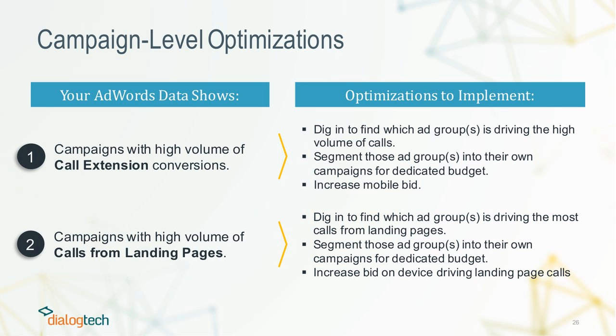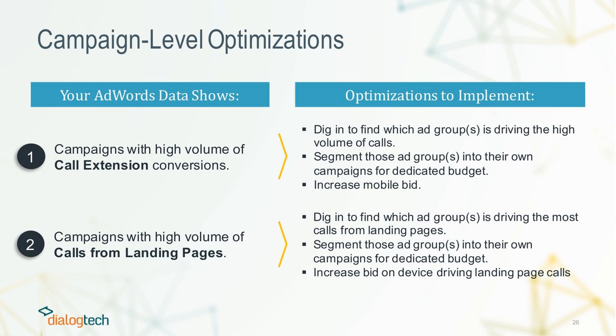The next thing you want to do is increase that mobile bid. So now you're going to have two separate campaigns, right? You had the one campaign that had a whole bunch of ad groups, and then you had a few ad groups that had the high volume of calls from call extensions. And you're going to take that out now, and build your own campaign with those ad groups. And you're going to increase the mobile bid, because now you want to get as much from those ad groups as possible.